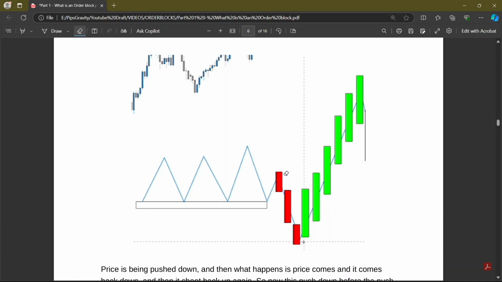How did they engineer it? When our point of interest starts here, they placed sell orders to take this buy side liquidity. Then they placed buy orders for the actual move, which also takes the sell side liquidity from up here, from the breakout traders right here.